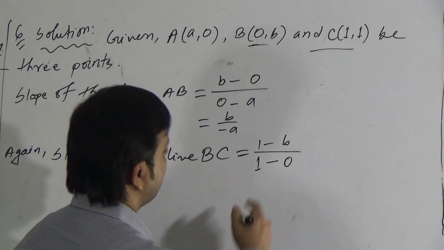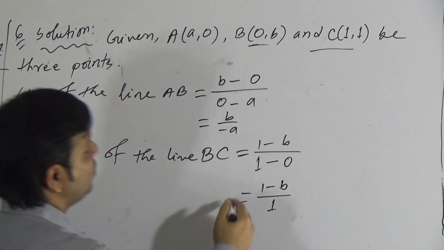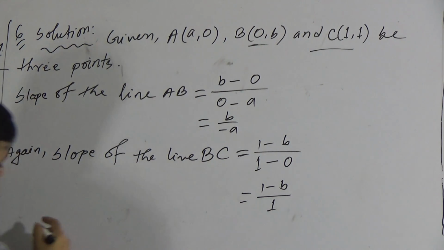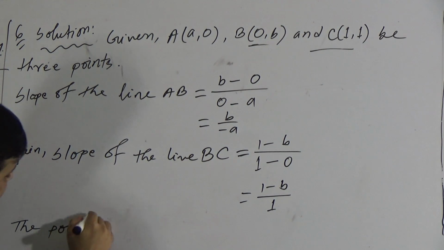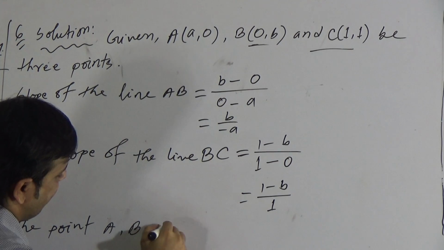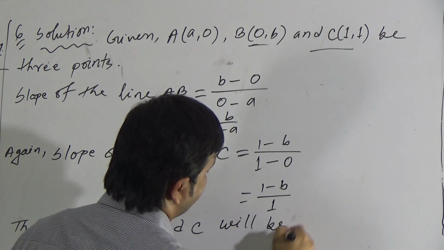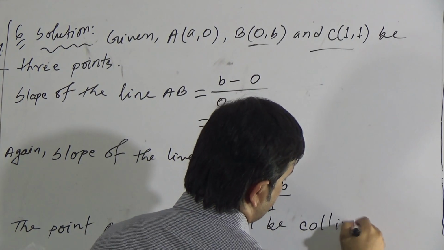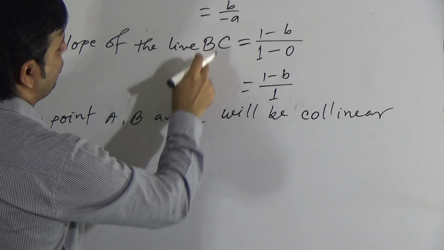So we can say the points A, B and C will be collinear if the slope of AB and slope of BC are equal.